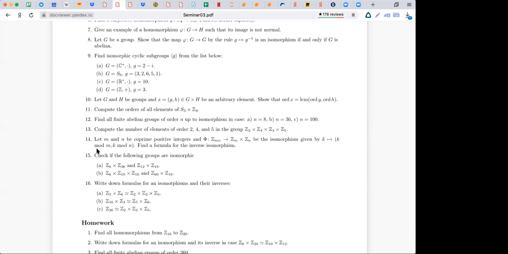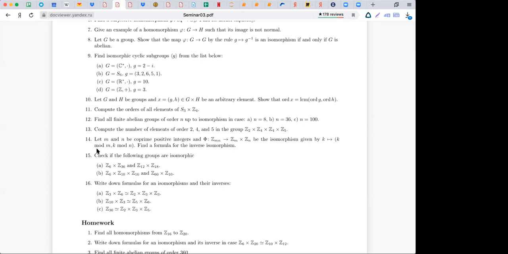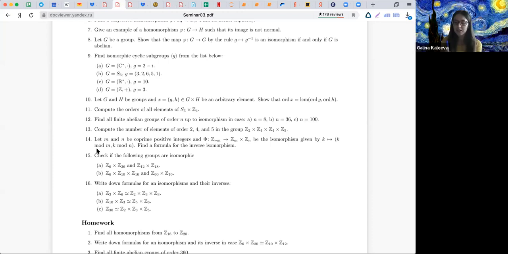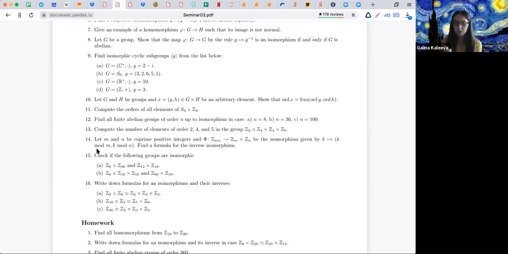Okay, I hope so, but can we decompose Z18? Actually, this is Z2 direct product Z9.